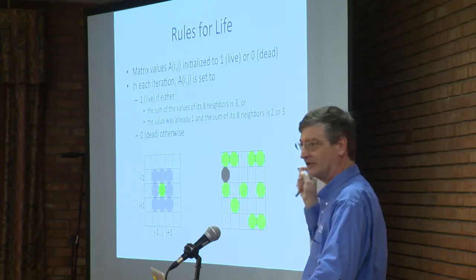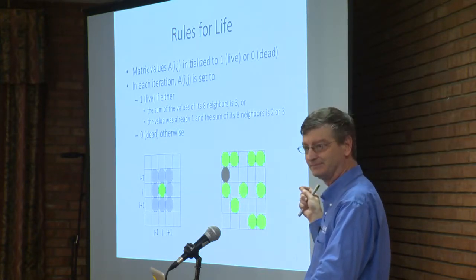So if it's too lonely, it dies, and if it's too overcrowded, it dies. And if an empty cell has exactly 3 neighbors, it gets filled in.